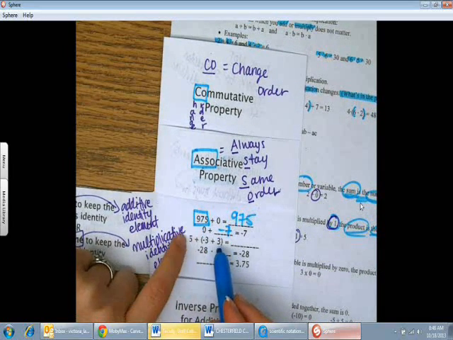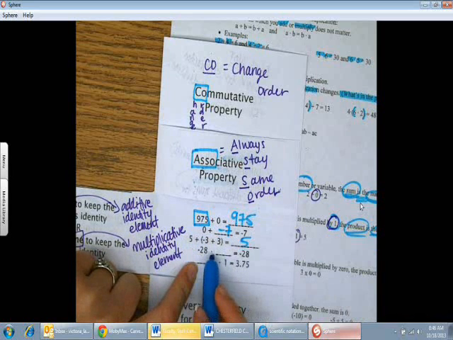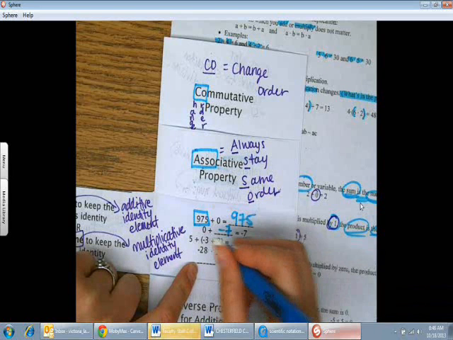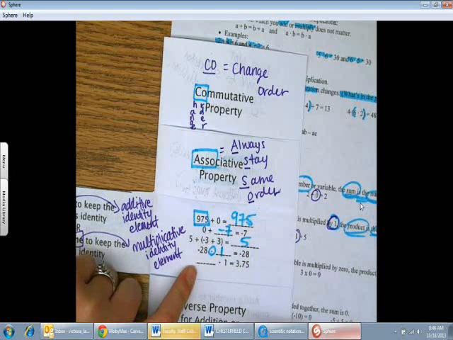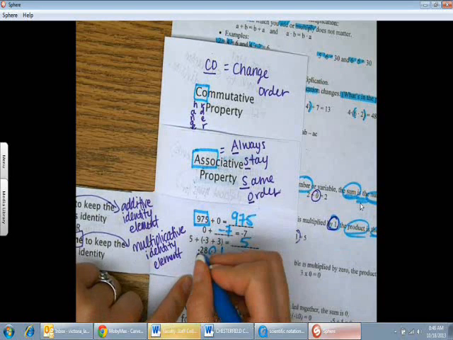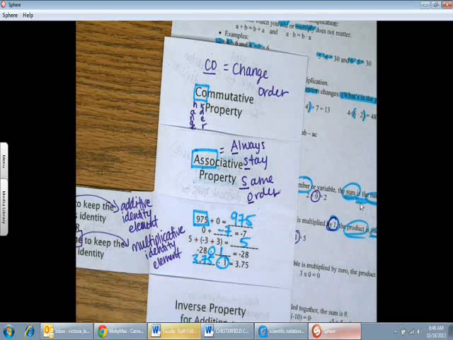So 5 plus 0 is still 5. Negative 28 times something gives you negative 28. So that would be 1 because we're multiplying. And then something times 1 gives you 3.75. So it would have to be 3.75. Okay?